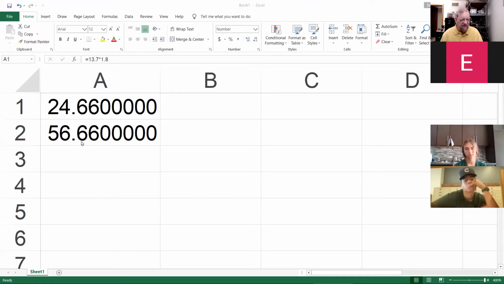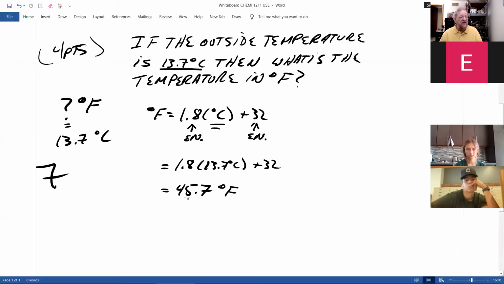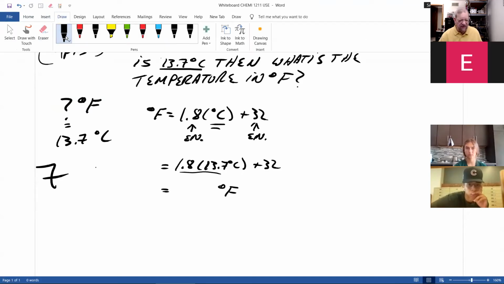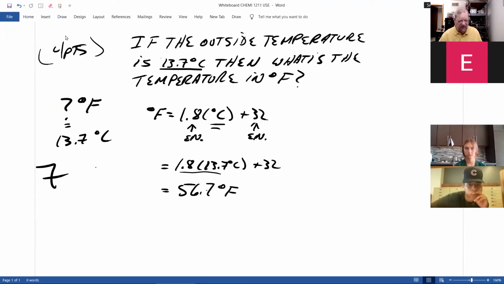And the 6 in front, I'll increase to 7, and that would be 56.7. I guess if I had done this and it was 4 points, I'd get 3 points because I showed my work, but I definitely made a math error there. I forgot to multiply. So the correct answer is 56.7. And that's how you use that formula.